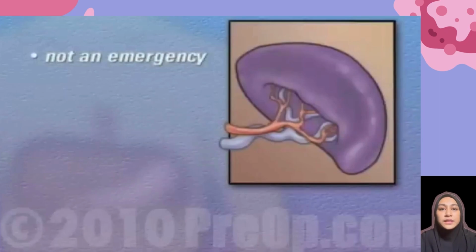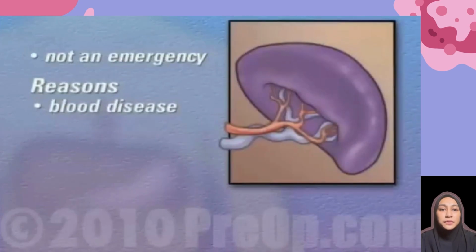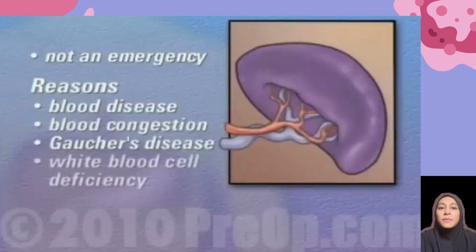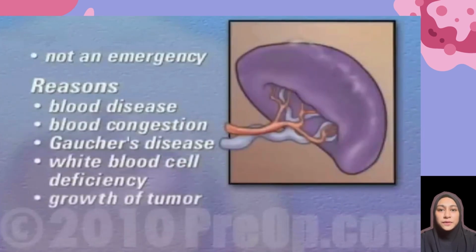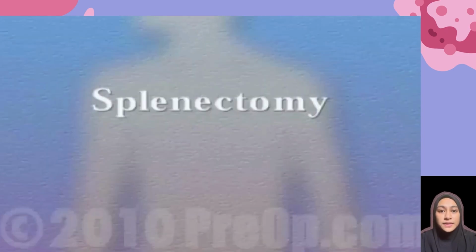This program assumes, however, that you are not currently in an emergency setting. In your case, the reason for removing the spleen may be to treat a blood disease, blood congestion, Gaucher's disease, white blood cell deficiency, the growth of a tumor, or the growth of a cyst.